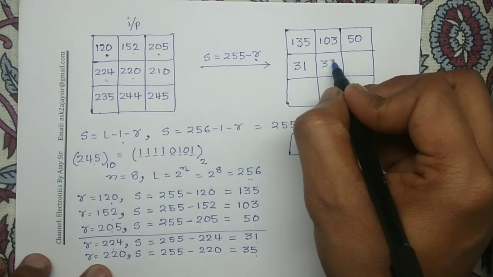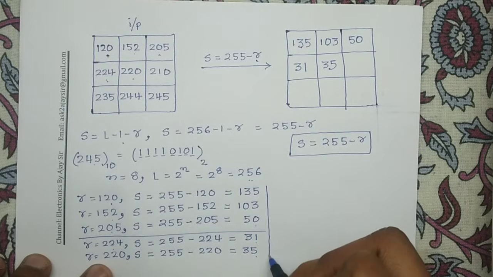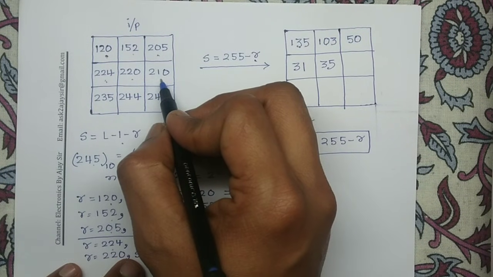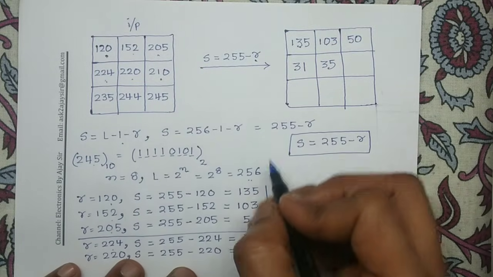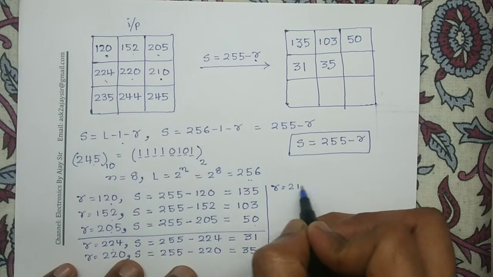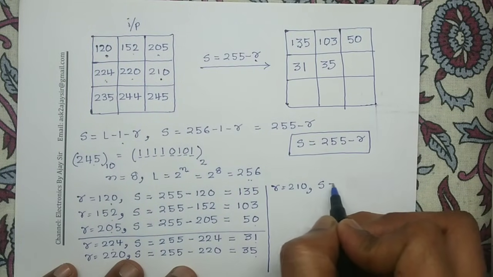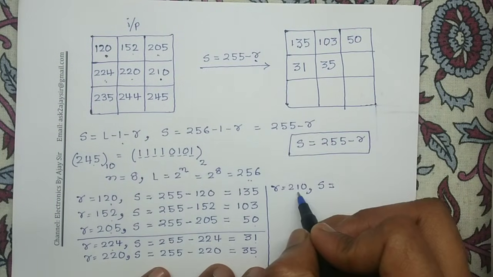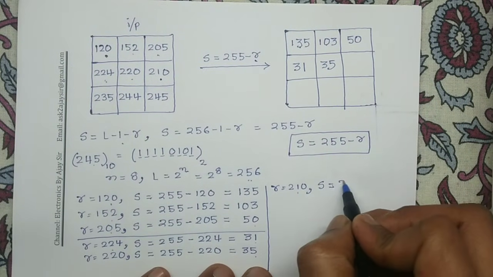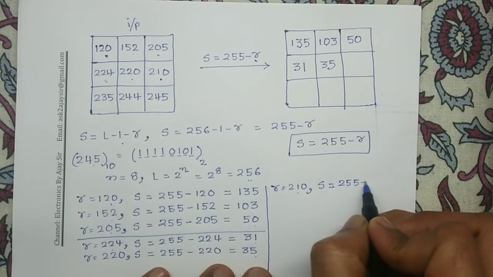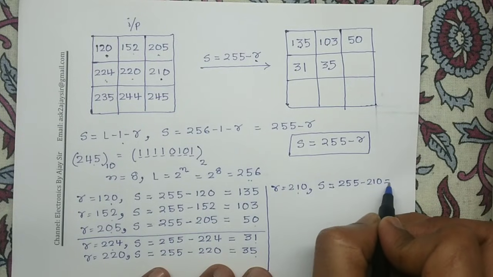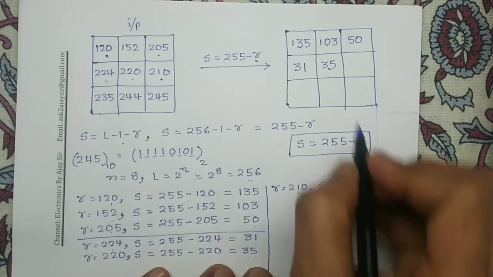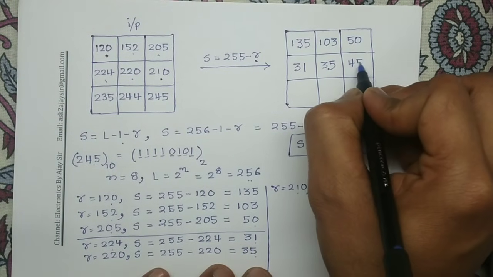So here I will write 35. Similarly, for this given intensity level 210, if R is equals to 210, the equation of S becomes 255 minus 210, that is equals to 45. So here I will write 45.